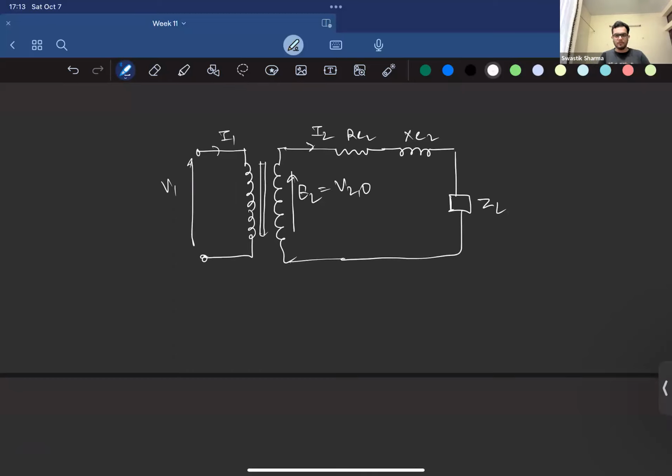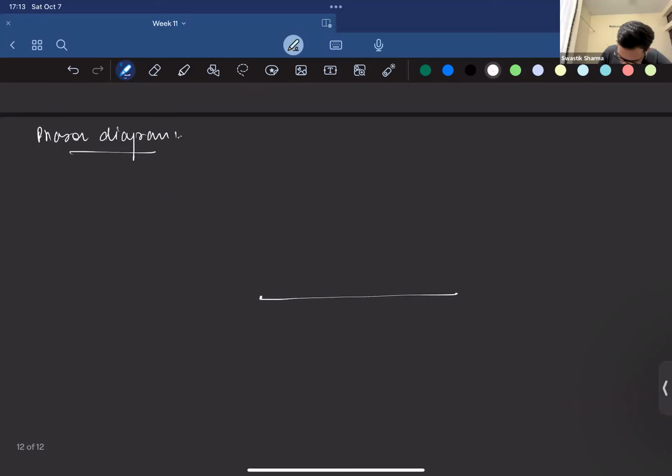For a unity power factor load, look at the secondary side. If we draw the phasor diagram, how is it going to look? Let's take V2 as reference. Since it's unity, I2 will be in phase with V2.